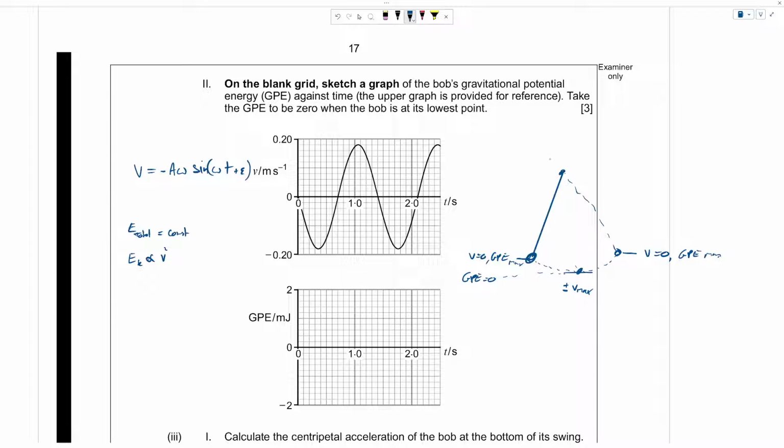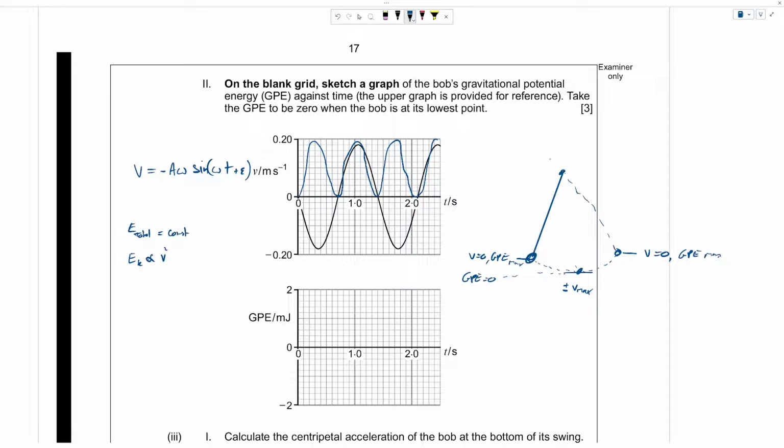So therefore the kinetic energy graph will be a sine squared. So if I think about squaring this sine graph, what I get is a sine squared graph. Oh my goodness, my sine squared isn't great, is it? And if I think of GPE, it is the total minus that.